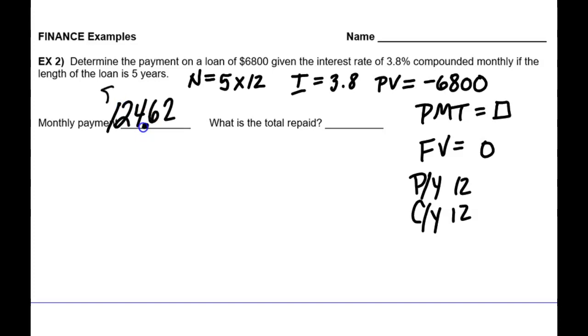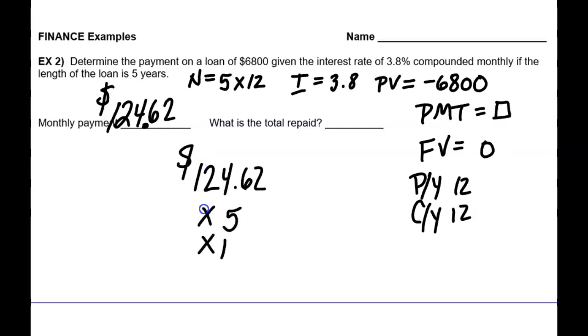So could we figure out the total we paid for the car? Somebody type 124.62 times 5 years at 12 payments a year. What does that come out to? 7.4.